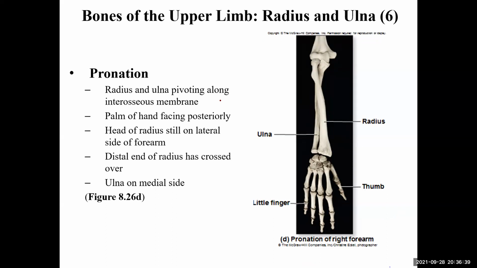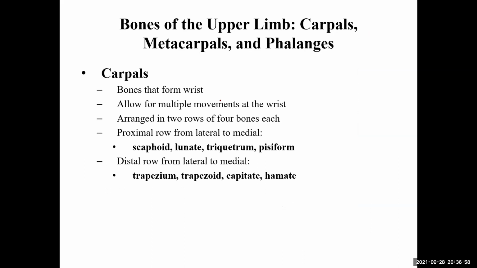You can see how the radius just crosses over, but it's still at that fixed distance because of that tissue there. That's what happens when you pronate. The bones, the radius and the ulna, are no longer parallel. The radius is crossed over.